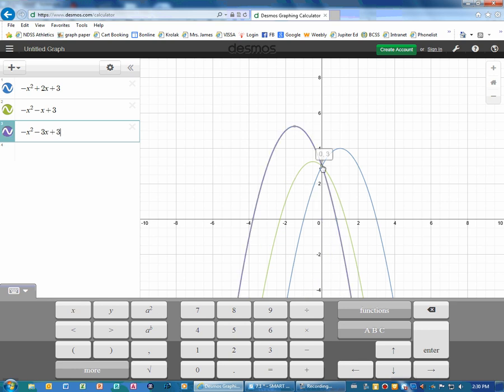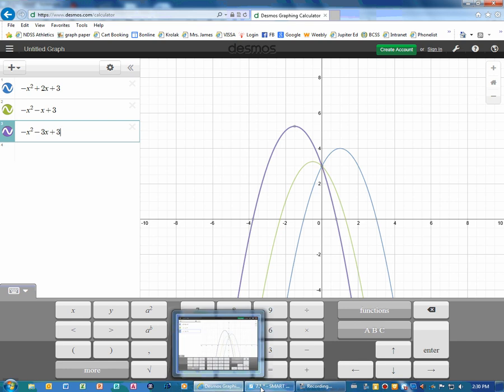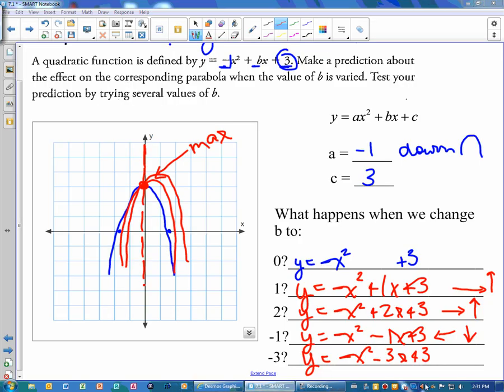Still going through the y-axis at 3. Look at how it got higher. Remember how when we had 1 and then we went 2, it went higher? So here we had negative 1 and now we have negative 3. Look at how my vertex got higher. So I can say that I went more left, but my vertex got higher.